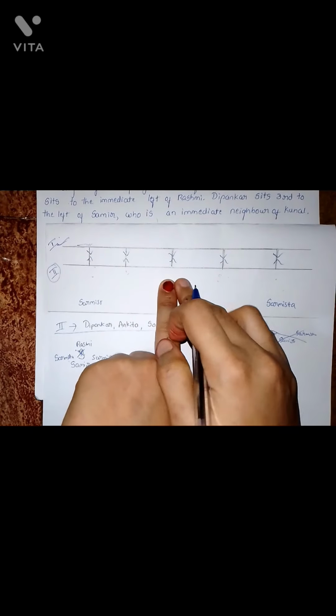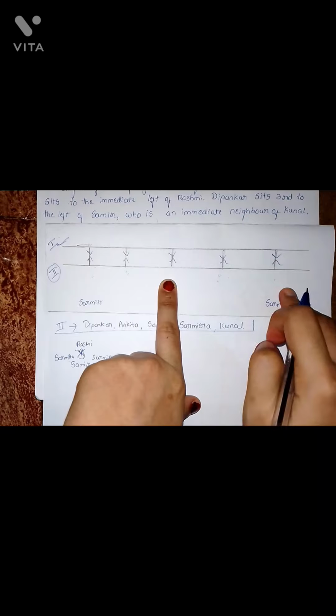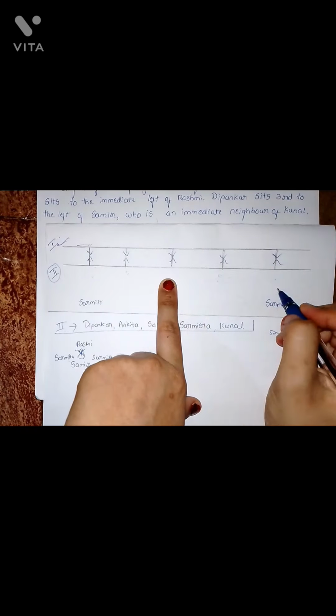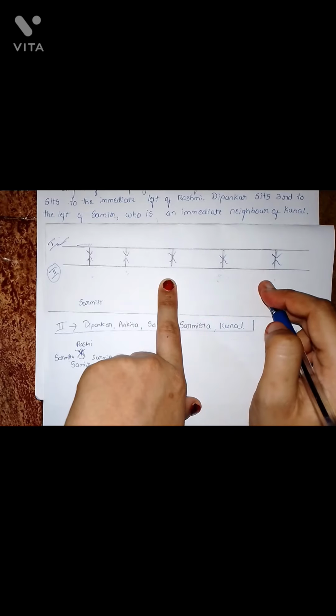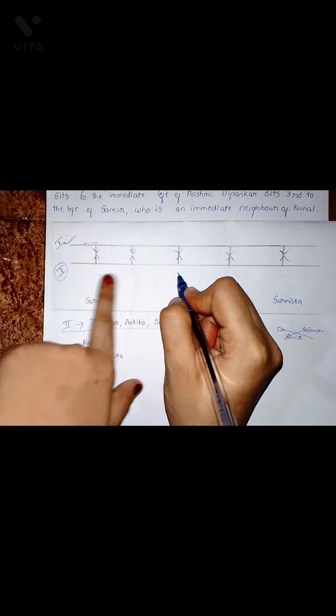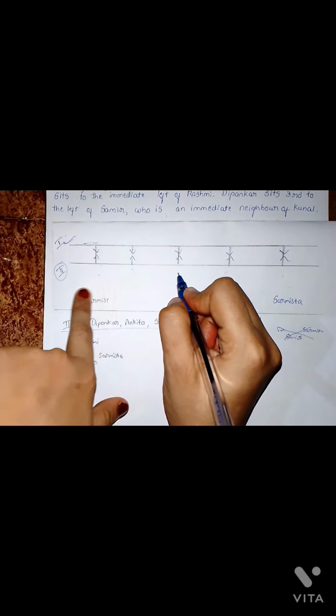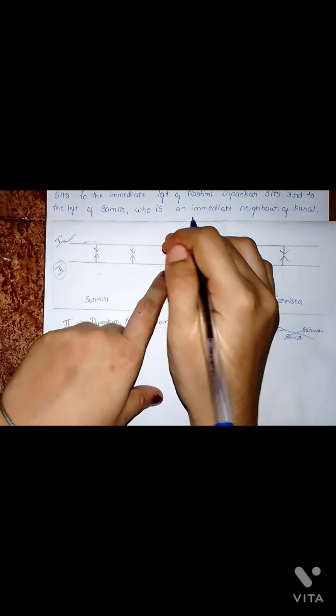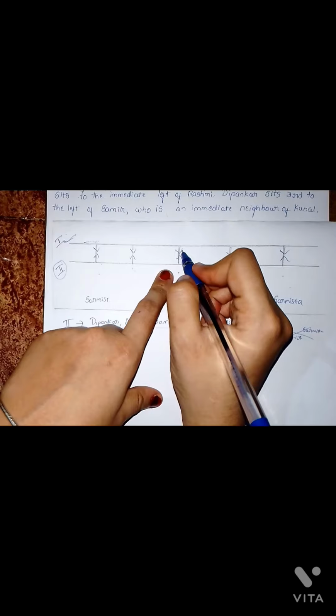If I am seated here, my right side is this one, so for the second row's person it is also the right side here. But for the persons who are facing south, it will be opposite.